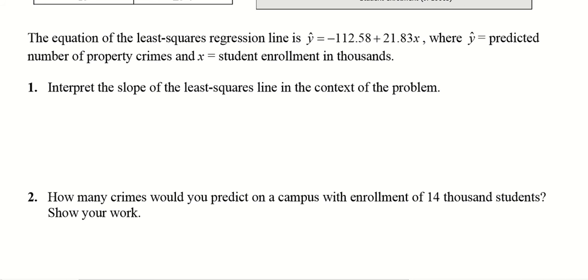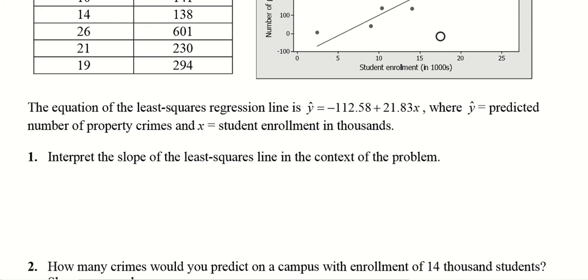We are asked to interpret the slope of the least squares line in the context of the problem. So, there is a magical formula that I like to use. It'll get you the right answer every time if you can memorize it. Slope is actually defined as for every single increase in the x-axis.